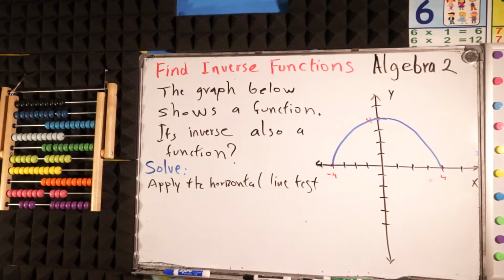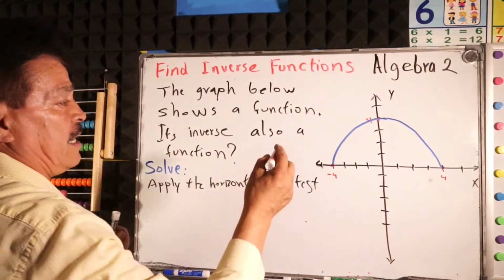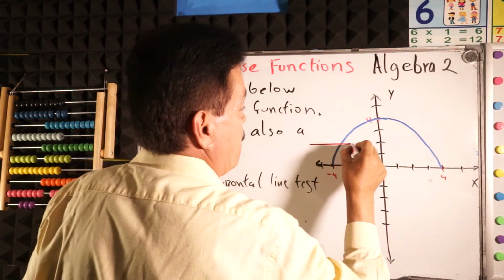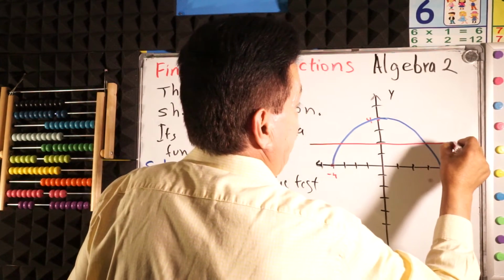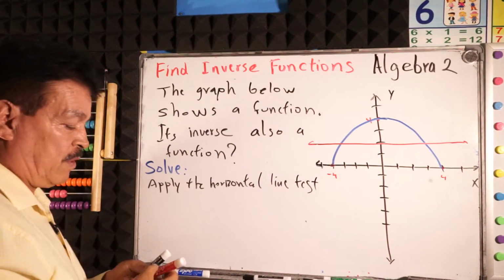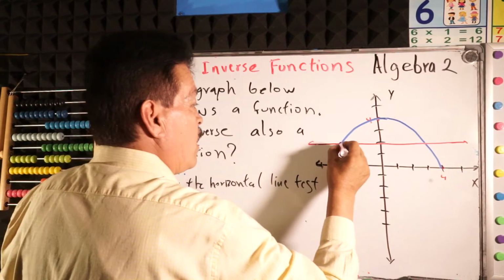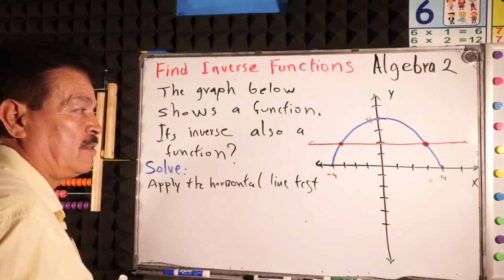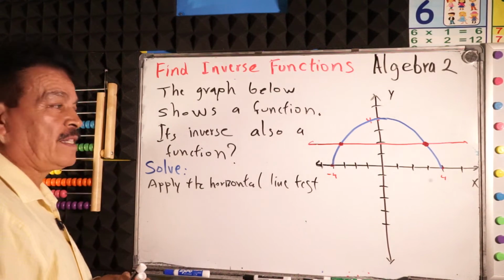Let's do the test with a horizontal line right here. See our line? How many points touch the graph? We touch 2 points, one right here, another one right there.